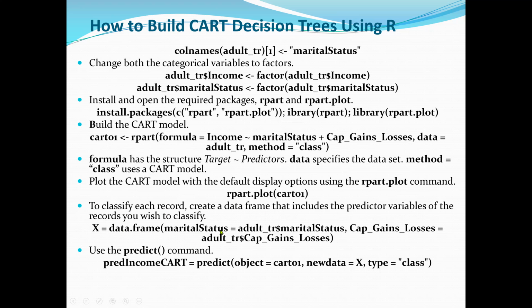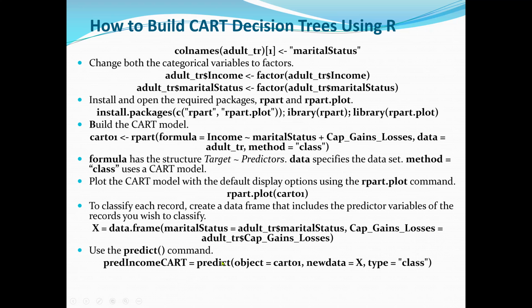We need the marital status, and again, a.tr is our data set, and the marital status is our variable. We also have the cap gains losses, which is also in the a.tr data set, and the variable name again, cap gains losses.